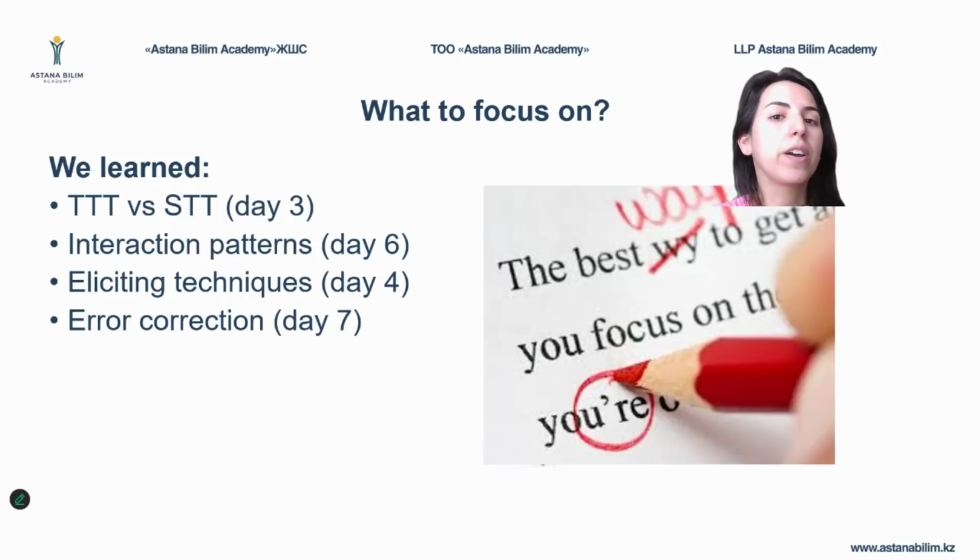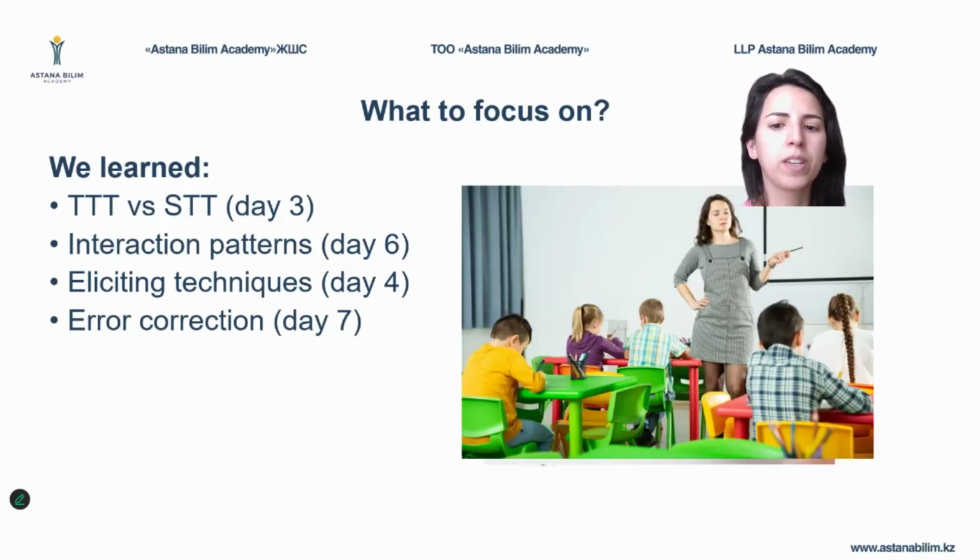Also, we talked about the correction code. You remember, yes? When students have written work and you don't want to correct every mistake, you just highlight the sentence and put the abbreviation. For example, WO, it means word order, wrong word order.